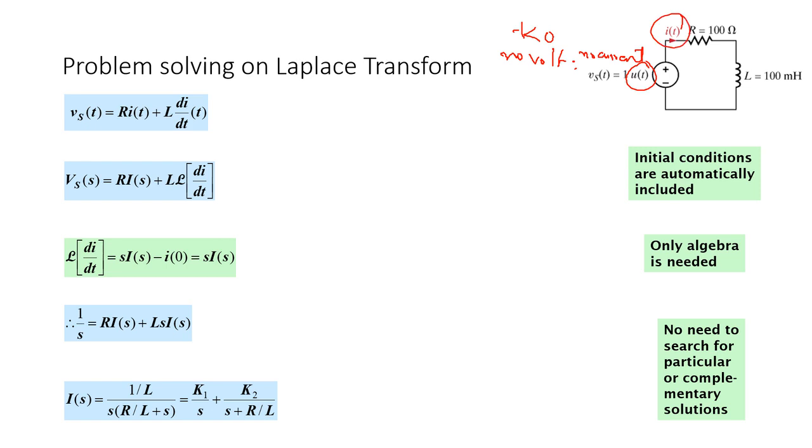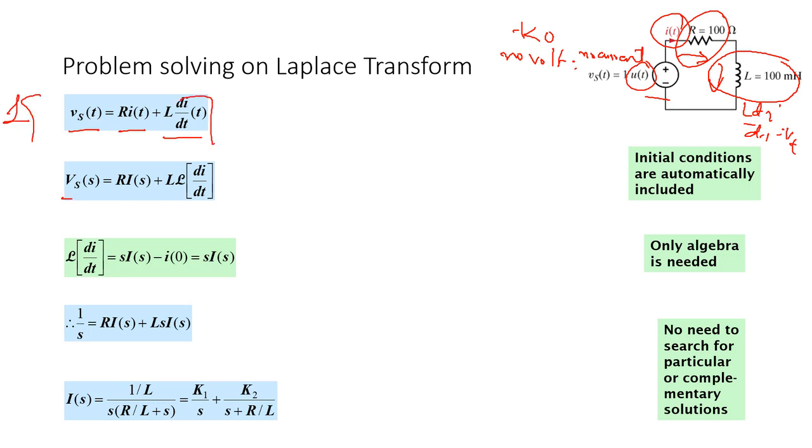Writing its voltage equation: V of s is the current in this thing and current in this thing multiplied by the impedances. So here we write its differential equation: L di by dt is V of L. Writing that thing, R into I plus L di by dt, and then converting it using Laplace transform.